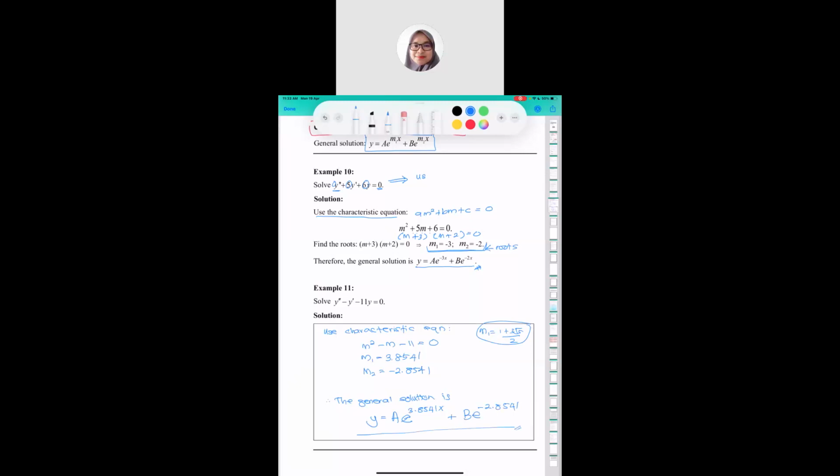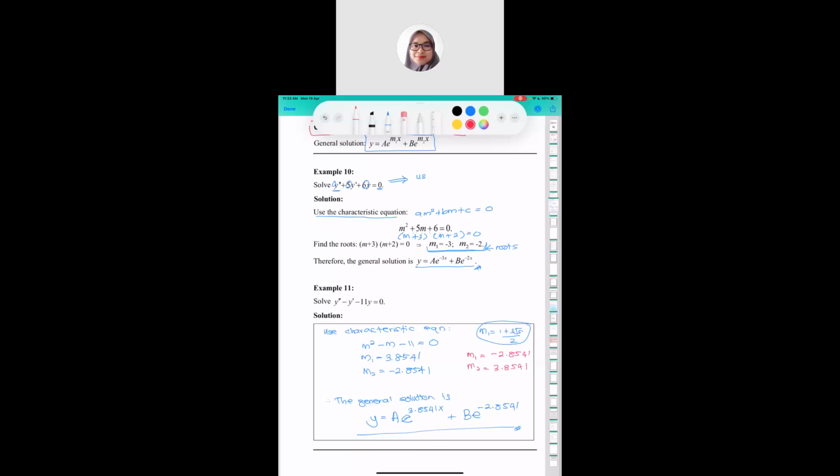Ada yang tanya saya, boleh tak kalau kita tertukar macam this case nak tulis m1 equal to negative 2.8541, m2 equal to 3.8541? Yes, you can.